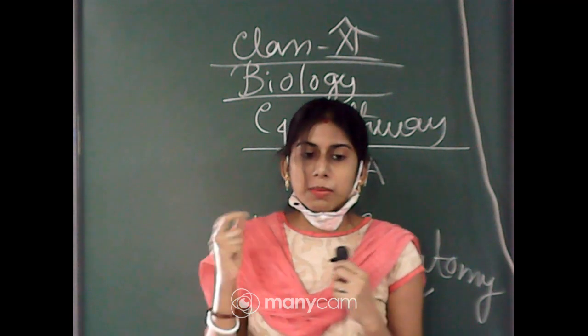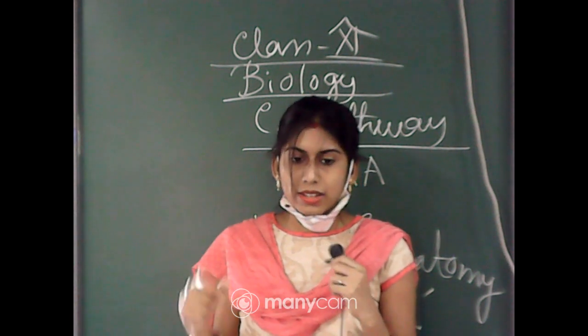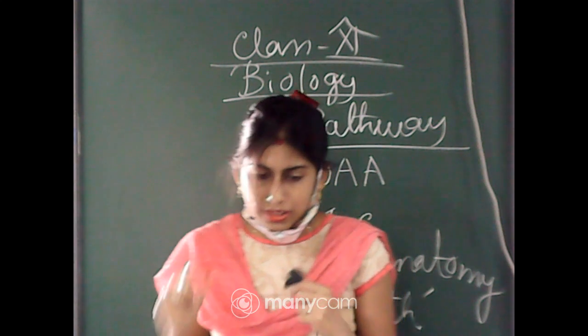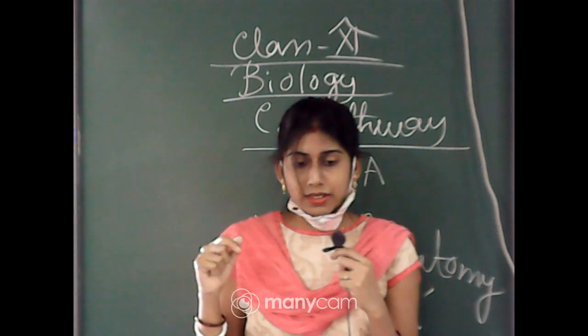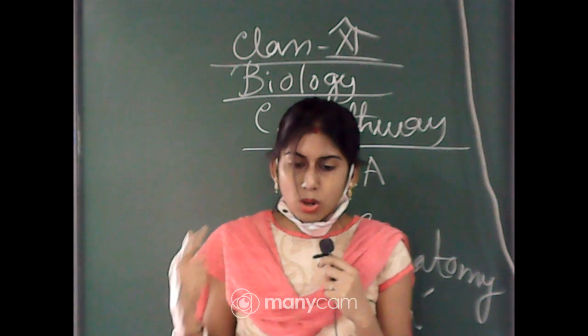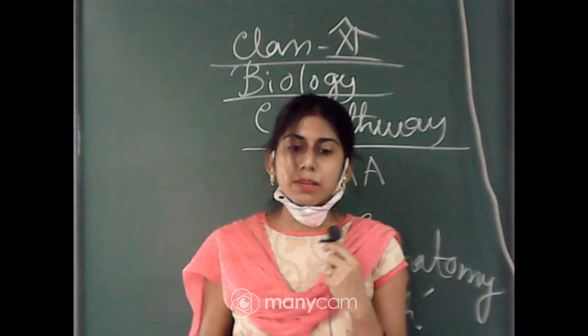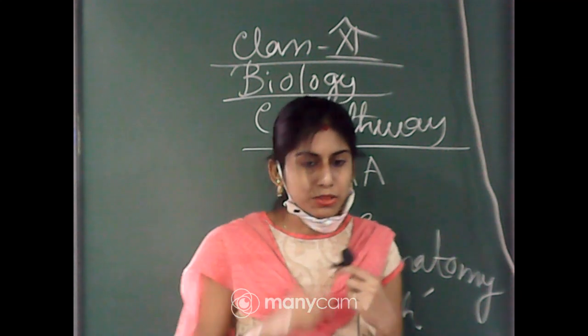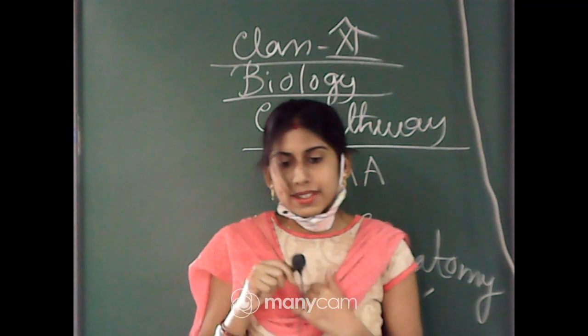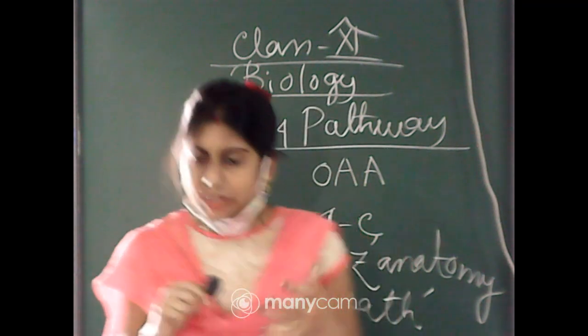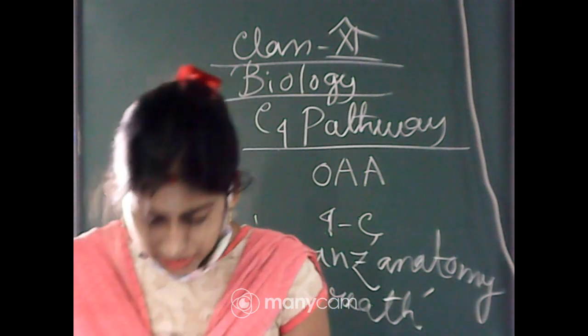For that reason bundle sheath cells are quite inside, so that they can maintain the temperature. The Calvin cycle will occur in the bundle sheath cell, not in the mesophyll cell, because mesophyll cells are directly in contact with the high temperature and light intensity.